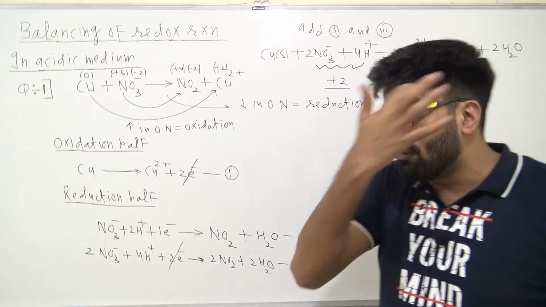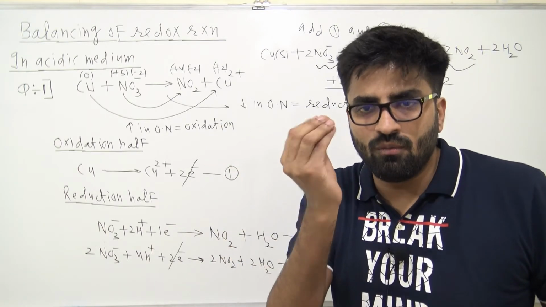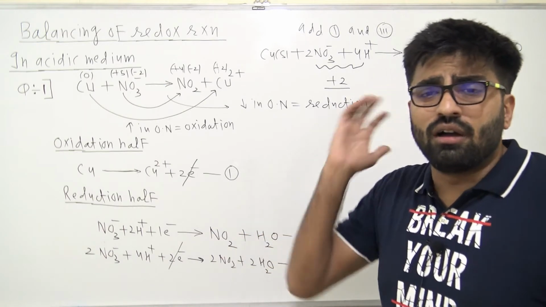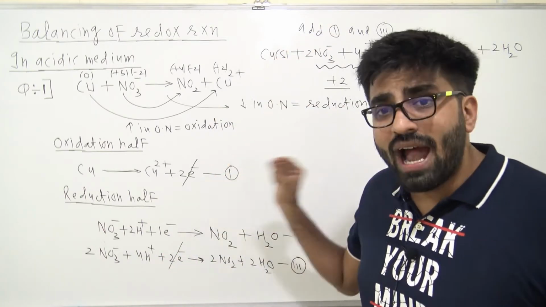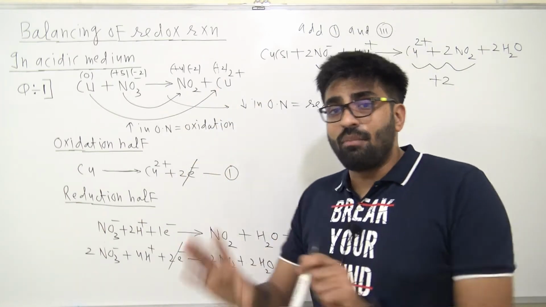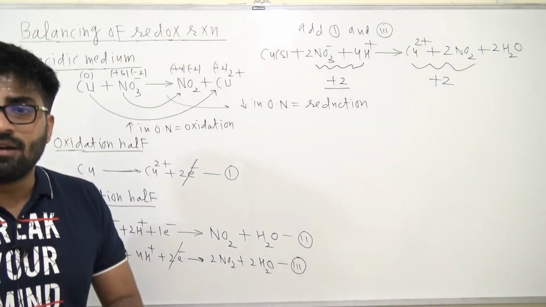And let me tell you, one of the most doubtful steps for students is the addition of these electrons, right? One of the simplest logics is that how many electrons I should add will be decided by charge balancing. So let me conclude how to balance in acidic medium. Very simple.